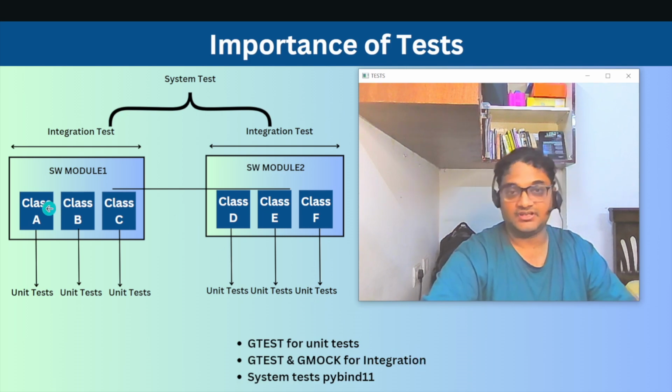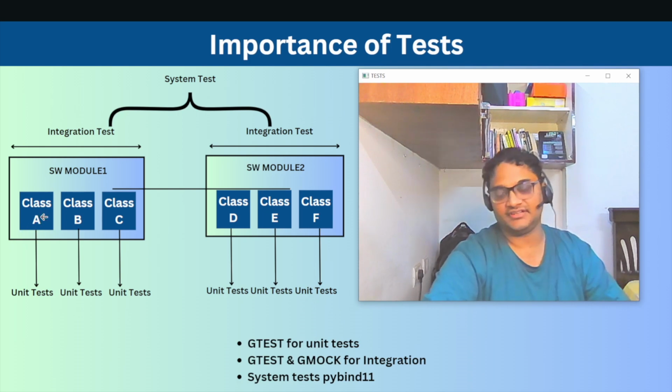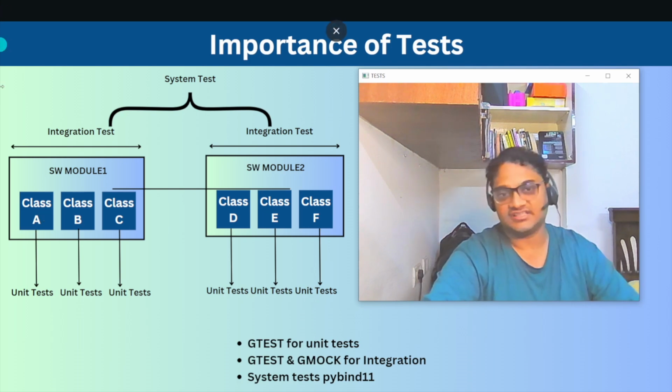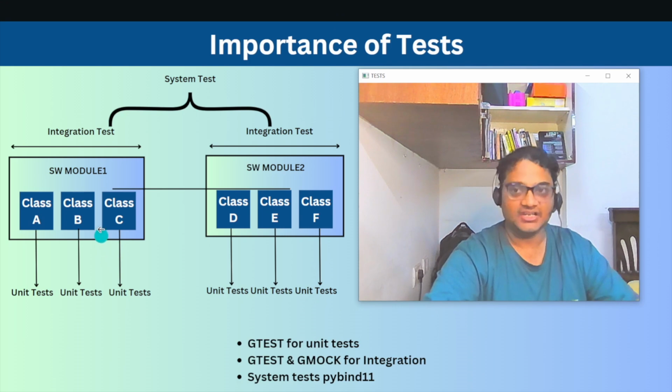Where if you have a class A and you want to interact with class B, you can mock the class B operation, or you can mock the class C operation, and you can make some kind of interaction between these two classes and ensure that you don't need to depend upon any other things. For example, if this class is connected to a DB, you can always mock that DB connection, then interact directly and write some integration tests.